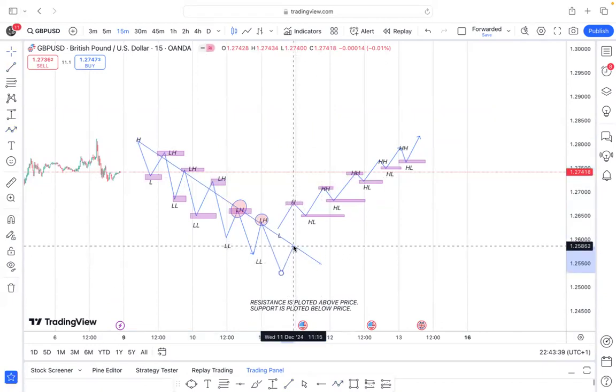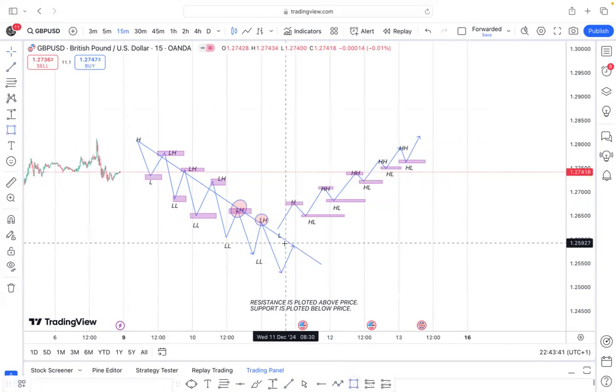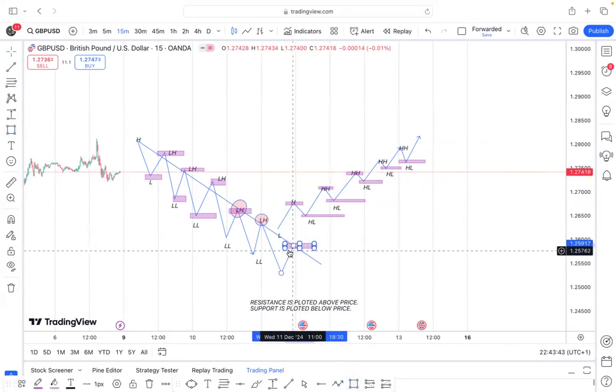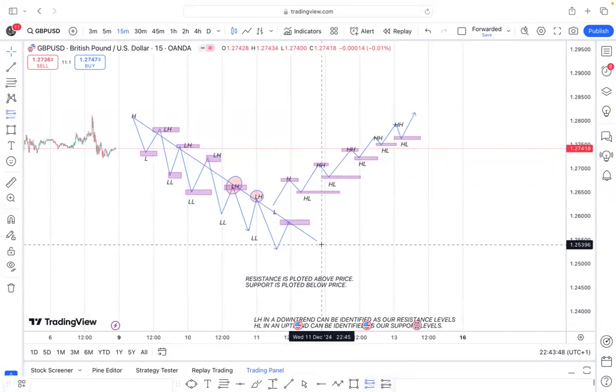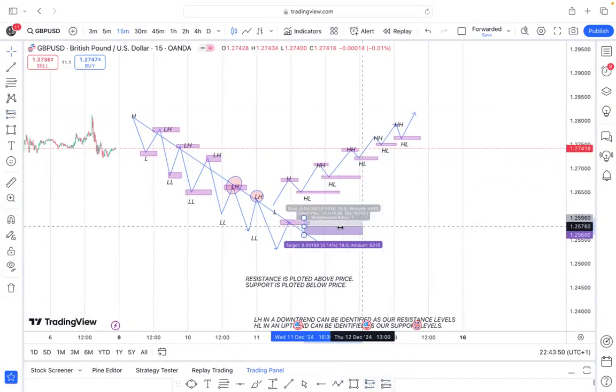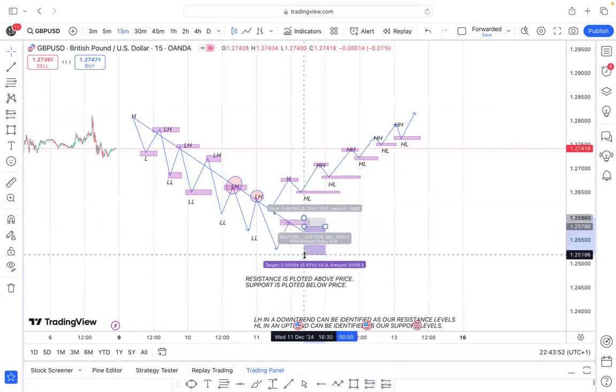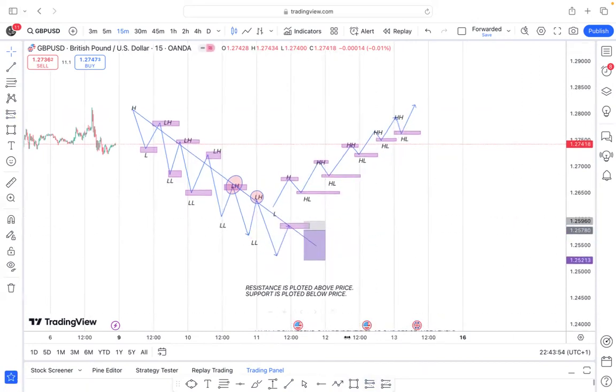As price touches it, that level they are looking to sell from is our resistance level. We'll now be looking to place our short position here like this. Then we'll sell off, right? Because the trend is telling us it's a downtrend, and the level is currently above. You get me? So that's what we do in a downtrend.